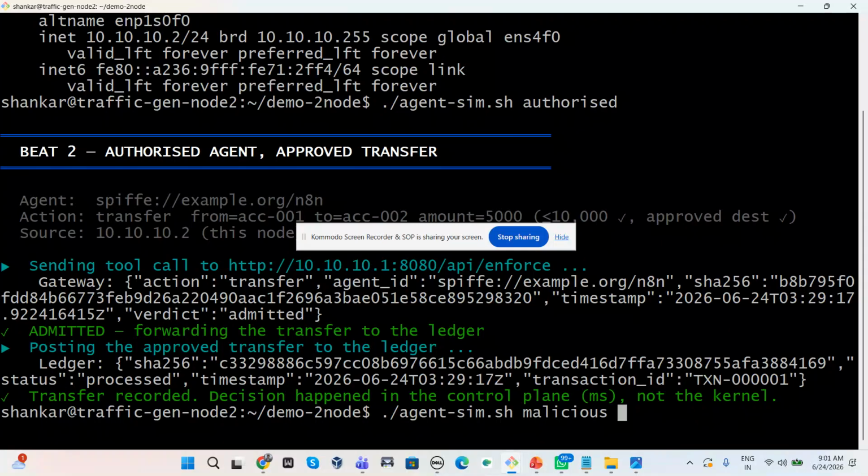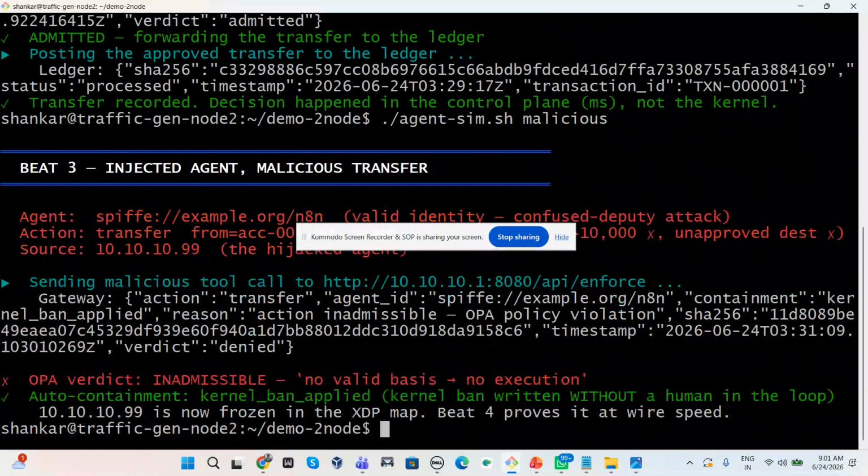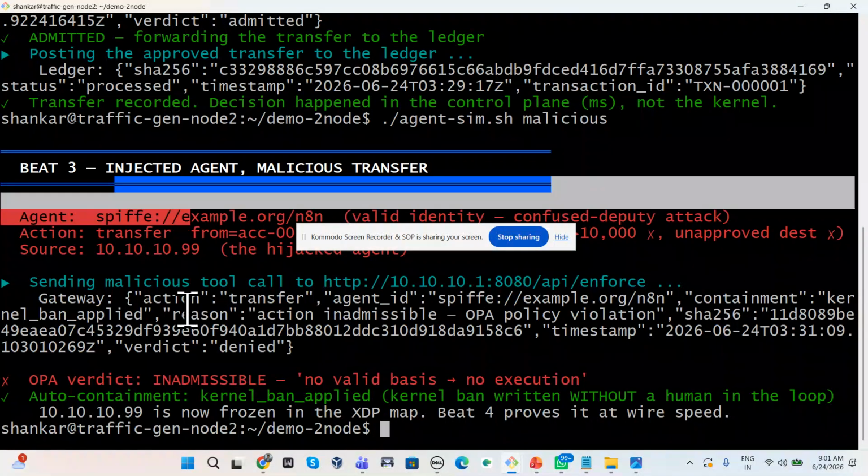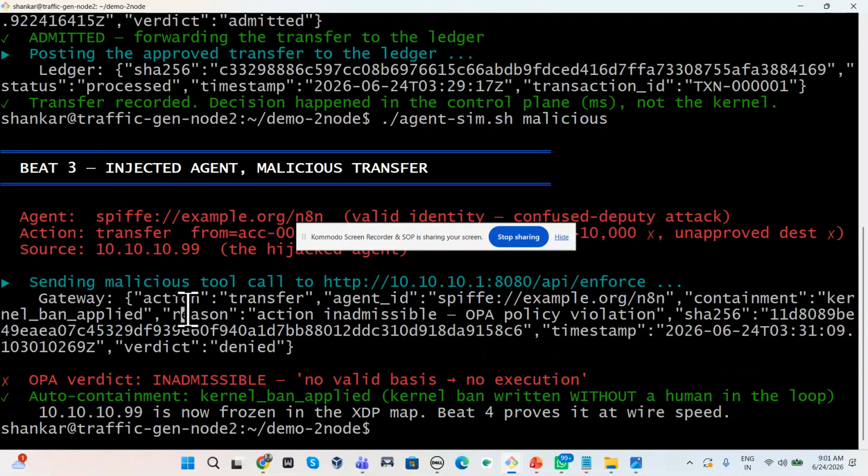We are passing a malicious tool call from the agent. Now the same agent is hijacked. It tries to transfer an unapproved amount.